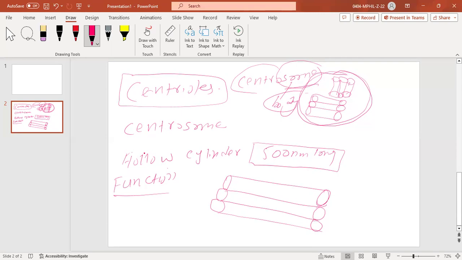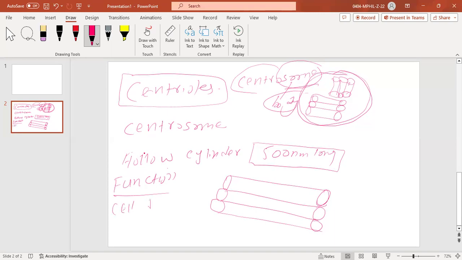The basic purpose of those spindle fibers was to divide that cell. Actually, spindle fibers are formed in meiosis or mitosis. Are you getting? This process is always in those cells which are going to divide, right? So in this case, its function is it helps in cell division.